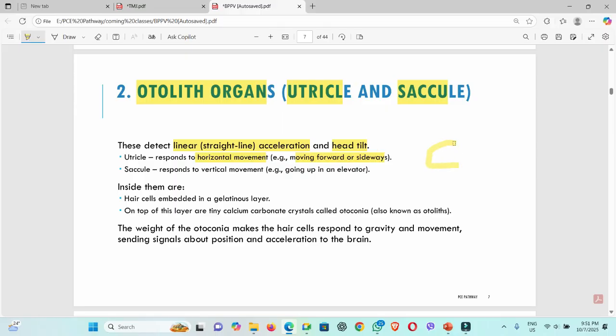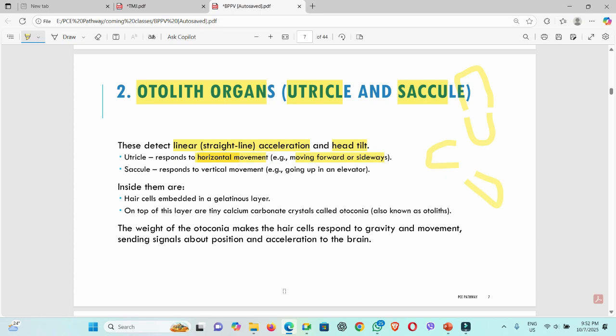Utricle looks like a magnet, right? North Pole, South Pole. How does a magnet attract another magnet? In a straight line, right? So utricle responds to horizontal movement, moving forward, moving sideways.